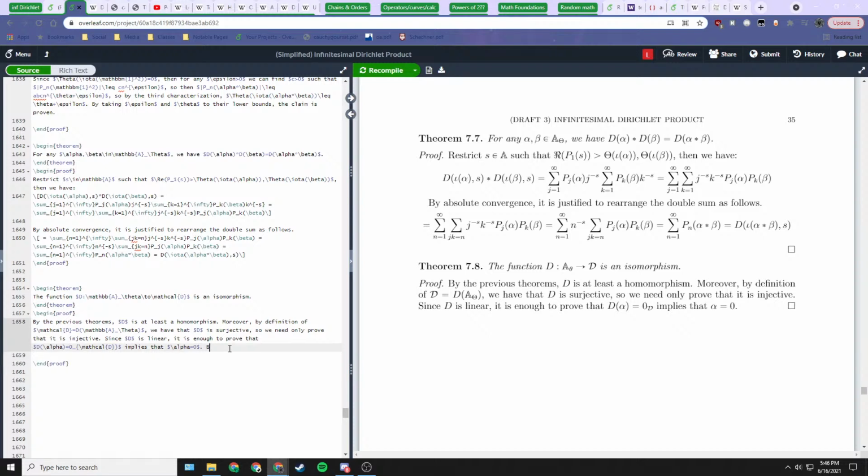by contradiction. Suppose that alpha is not 0. Then let k be equal to, remember this function, z of alpha. So k is z of alpha.